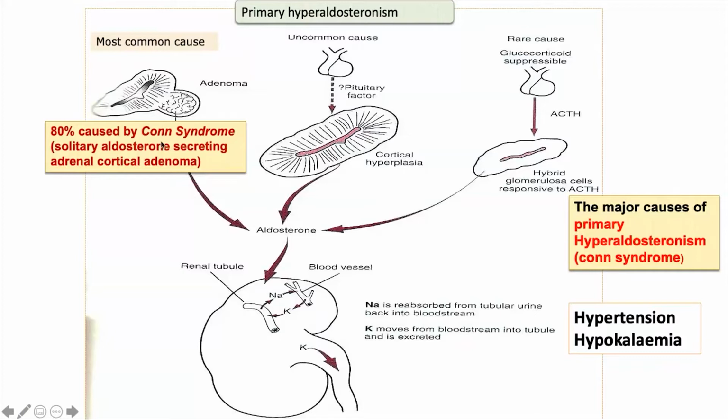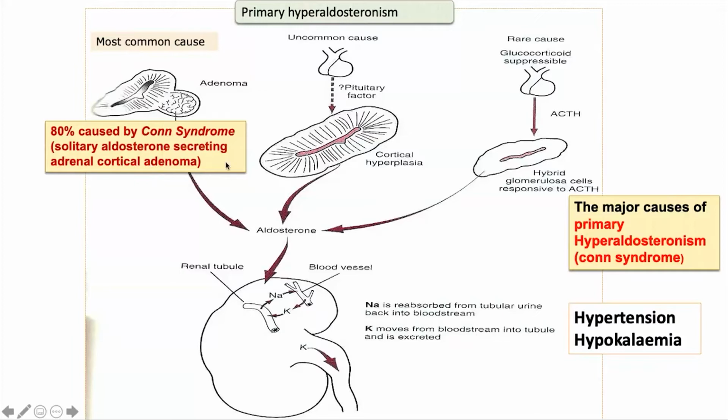In this condition, we call it Cushing syndrome. When there is an adenoma of the adrenal cortex that mainly produces aldosterone, we call it Cushing syndrome. So 80% of primary hyperaldosteronism is due to Cushing syndrome.